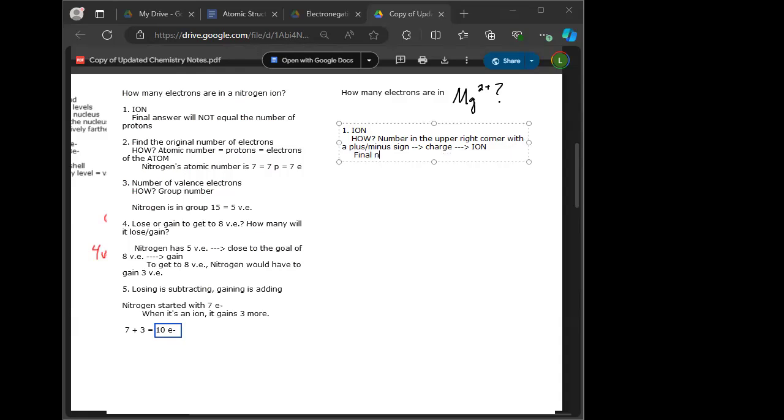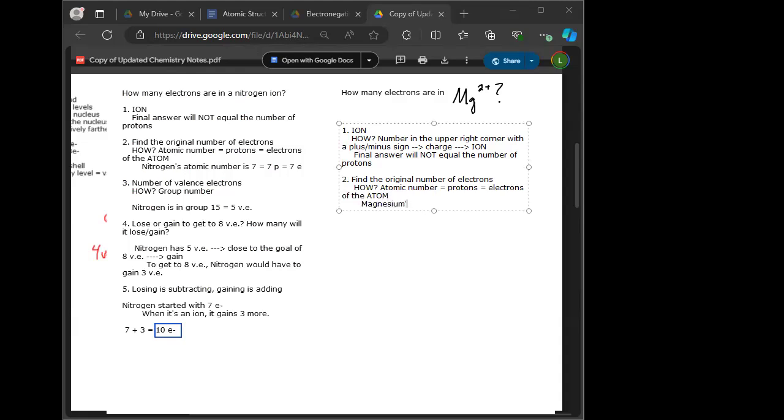And again, the final answer will not equal the number of protons. Now, we still need to find the original number of electrons. The atomic number is protons, and protons equal the electrons of the atom.